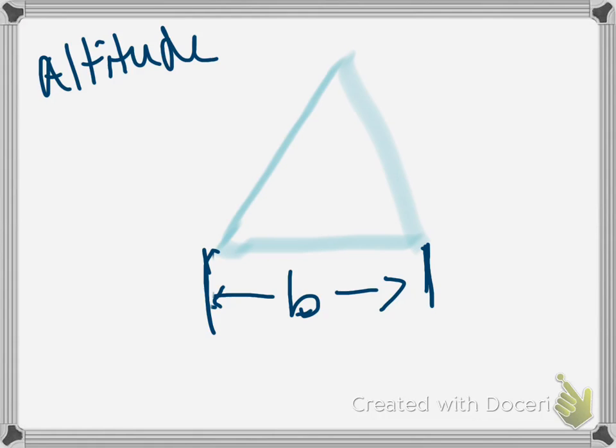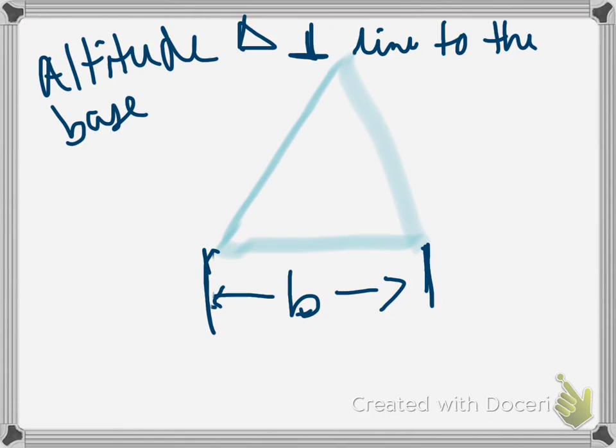This is just like for parallelogram. You have the altitude of a triangle, which creates a perpendicular line to the base from the vertex of the triangle.